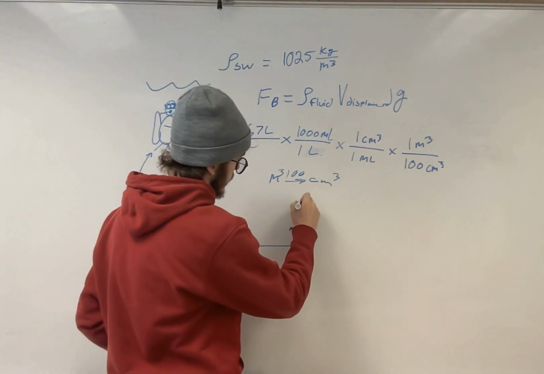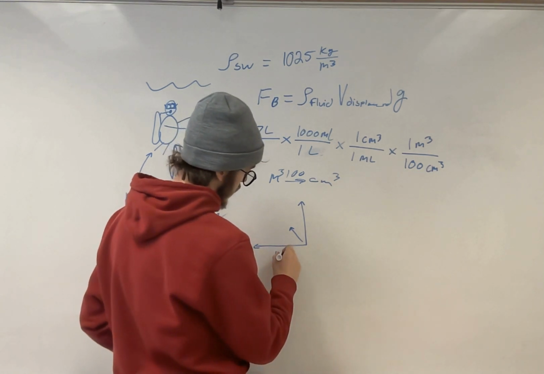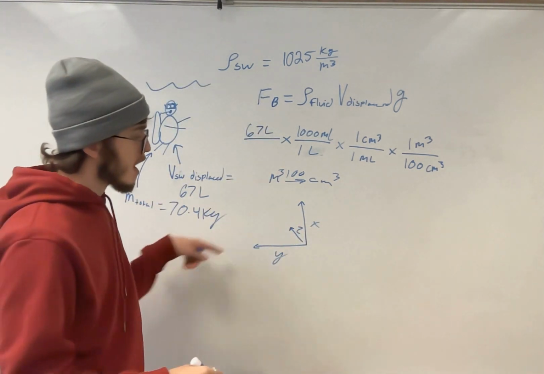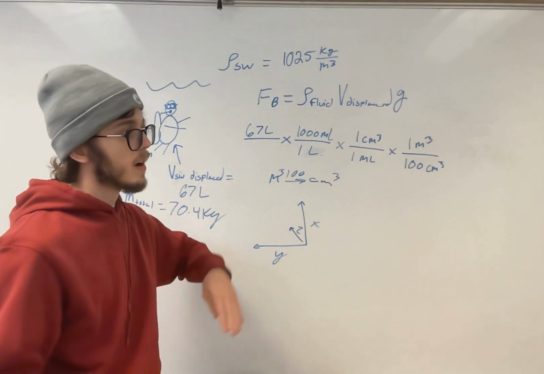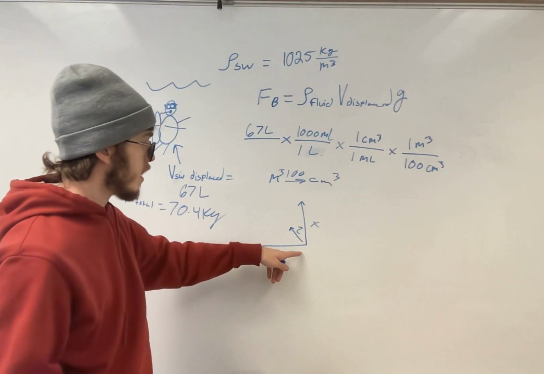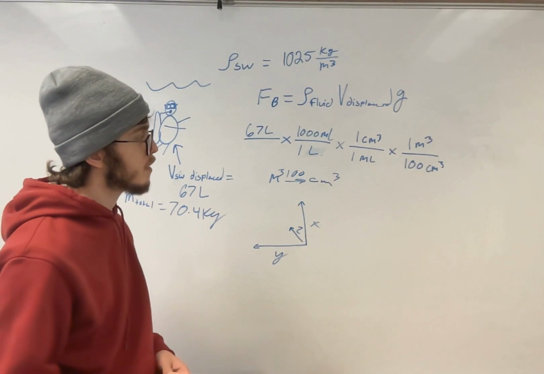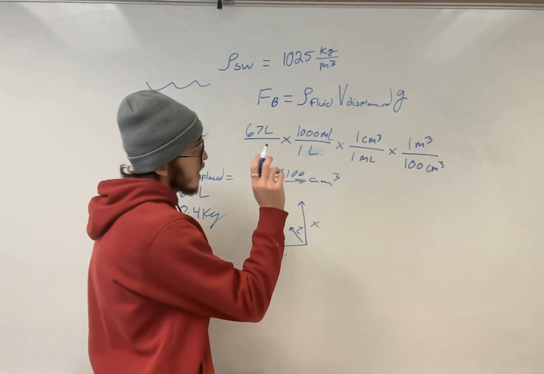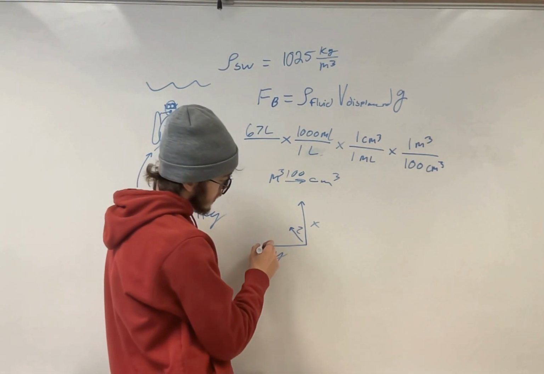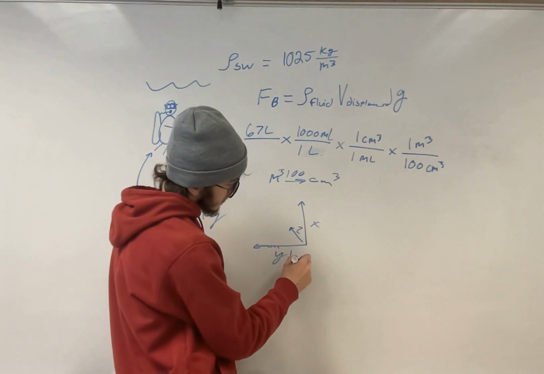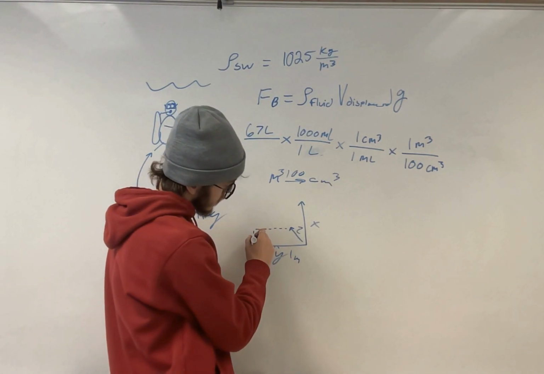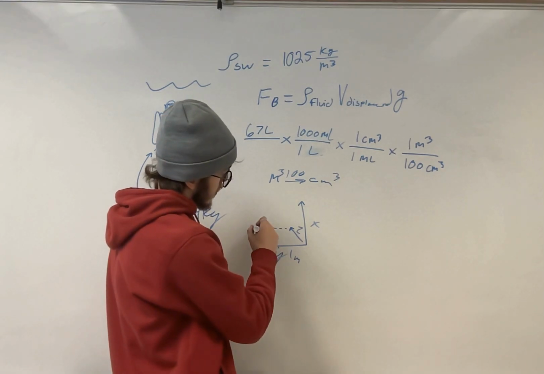So I'll actually write this out: y, x, z. X being vertical, y being horizontal, z going out of the plane, directly perpendicular to the horizontal component. So it's not just 100 centimeters here. If this is 1 meter, a cubic meter encapsulates that entire volume.